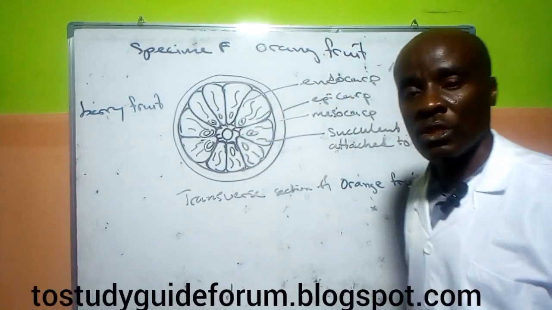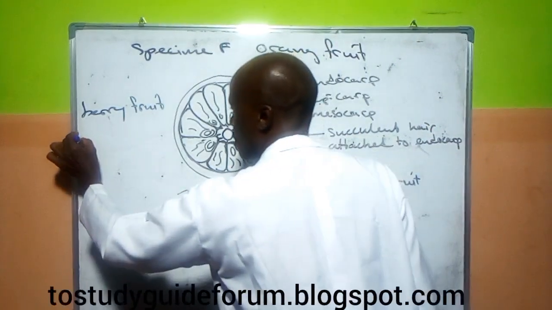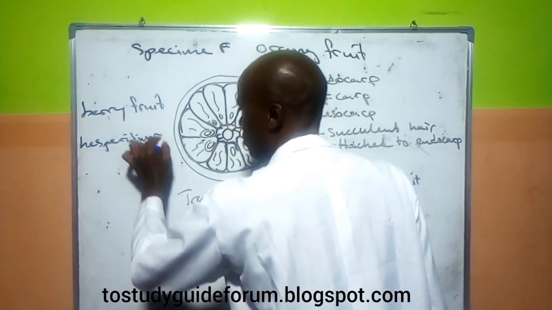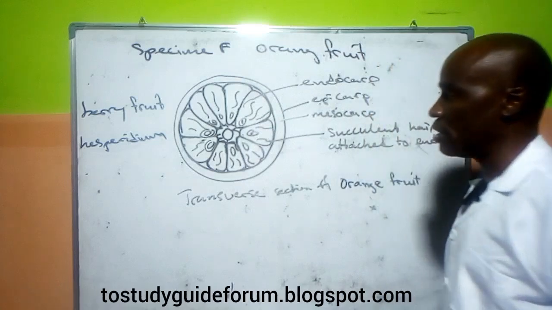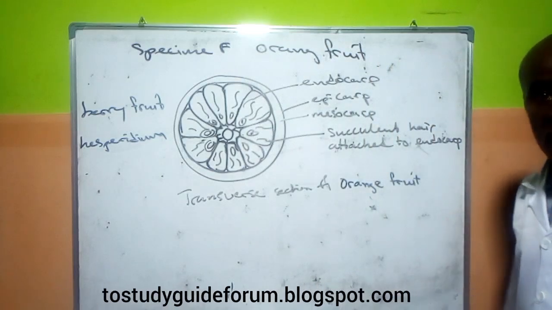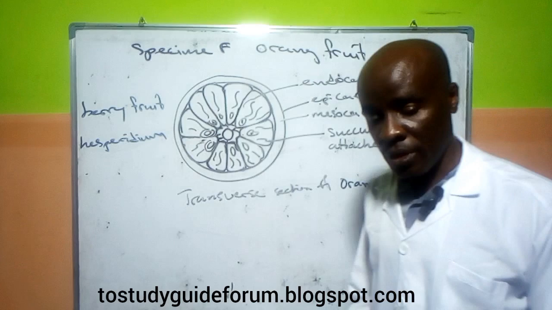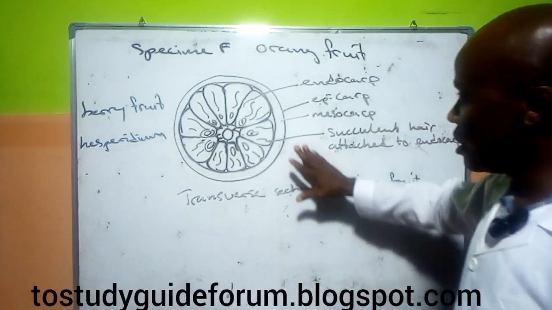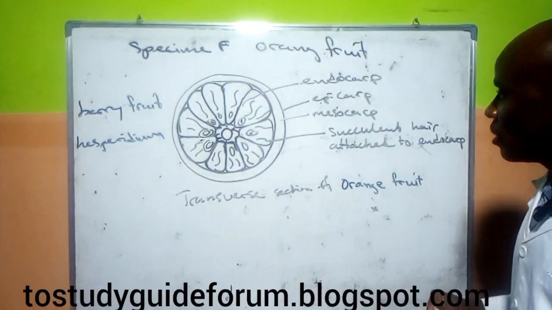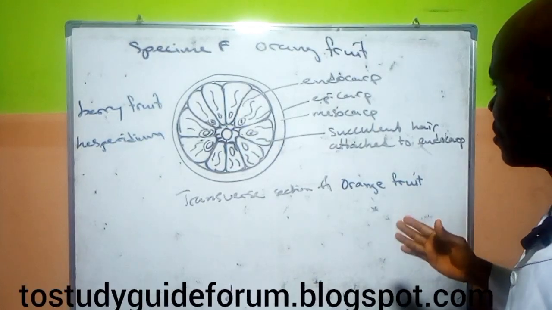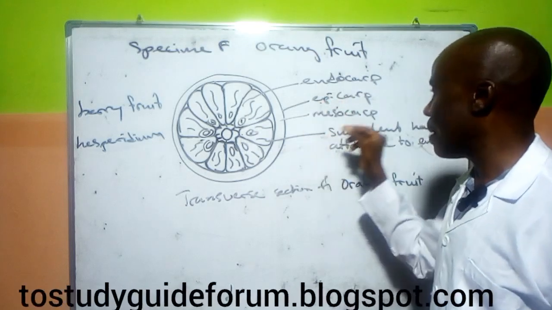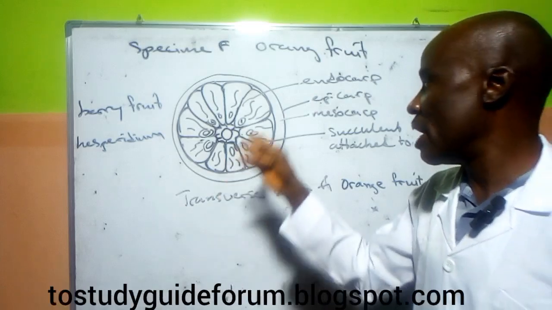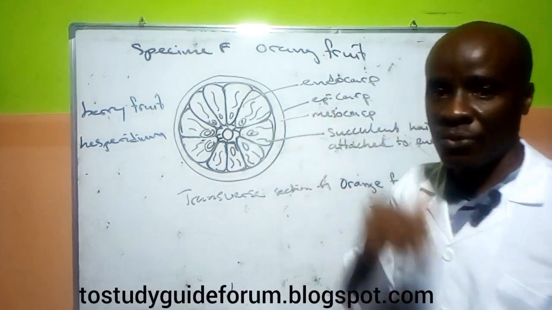This berry fruit is the one we call hesperidium. The hesperidium is a type of berry where the orange belongs to, and one of the peculiar things about it is that the epicarp and mesocarp are fused together, while in other berries like tomato, the endocarp and mesocarp are fused together.